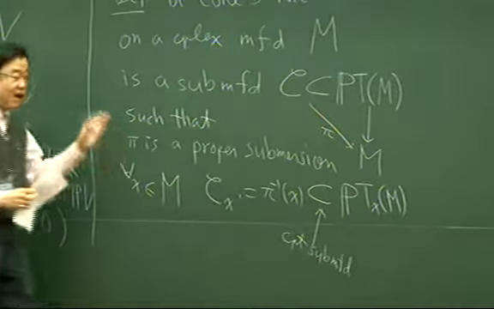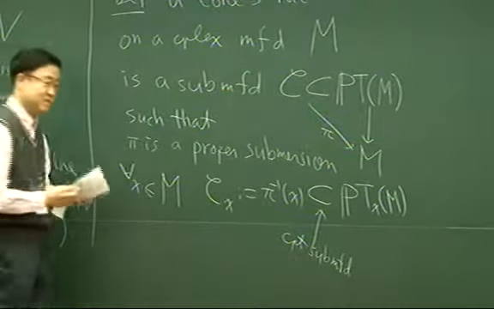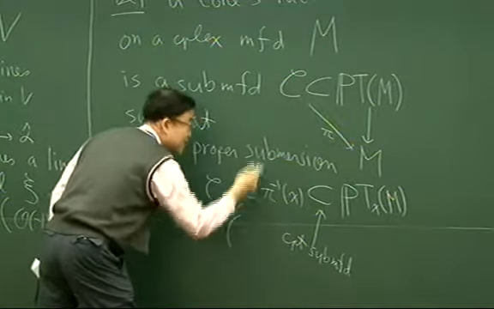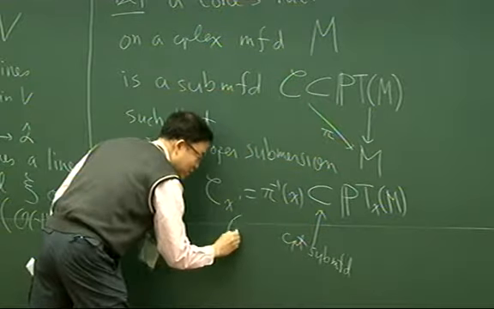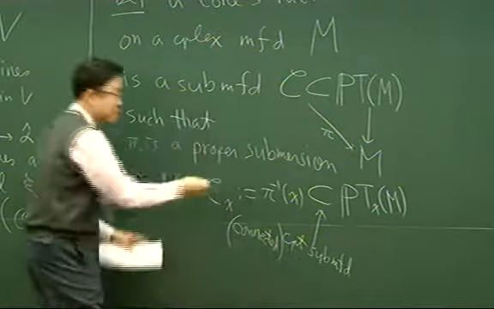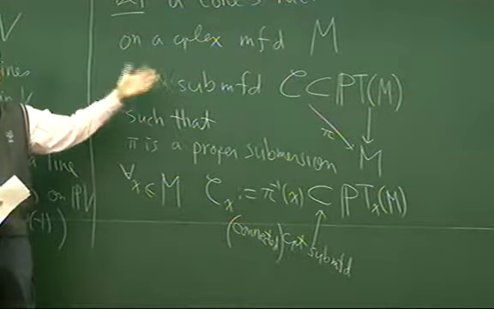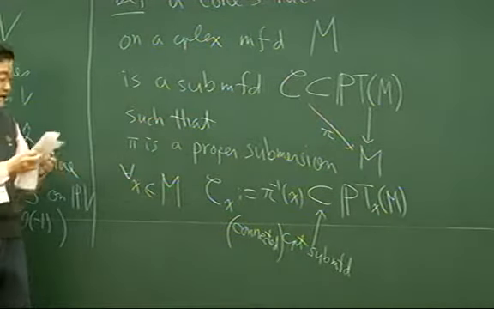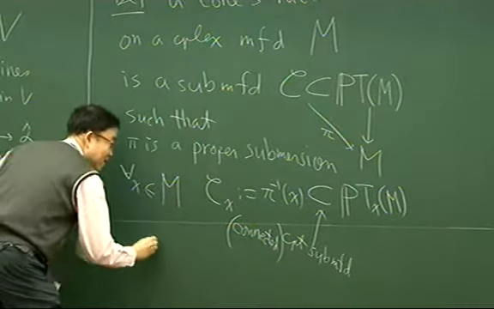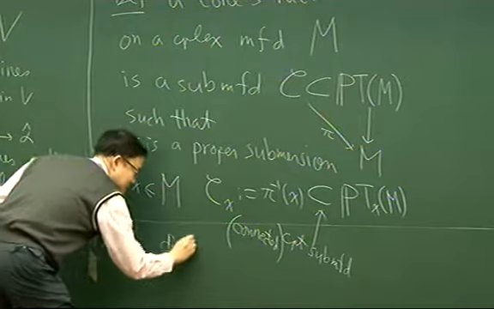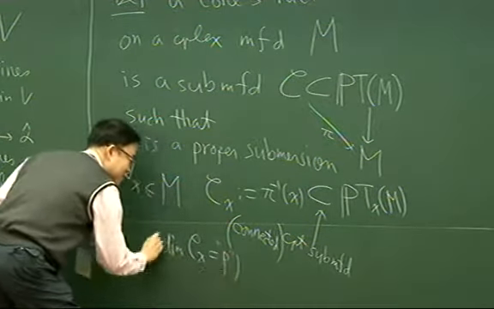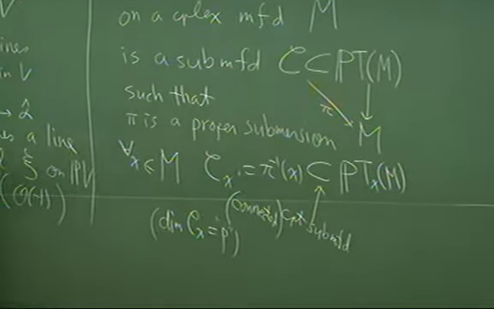And usually I'll assume that this is connected because by localizing we can take one component to make it connected. So whenever you have such a submanifold, this is called a cone structure. That's it. And I will usually denote the dimension of C_x by p. The p means the dimension of this fiber.